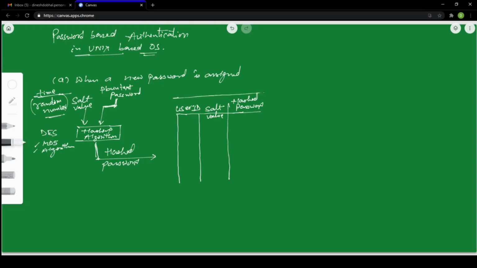So user ID along with the salt value and hashed password are stored in a file, and that file is the password file.